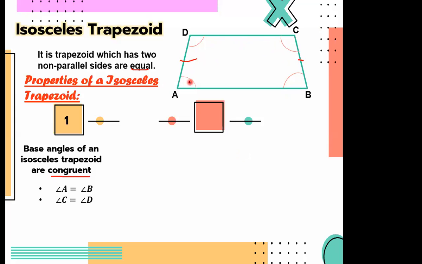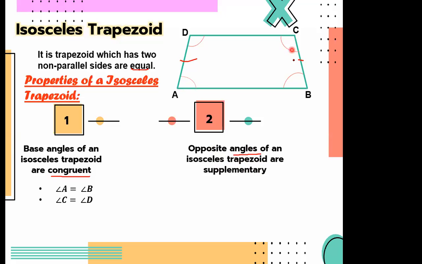Understand? Now the second property is that opposite angles of an isosceles trapezoid are supplementary. Now what are opposite angles? If angle A is given, the opposite angle of A will be angle C. Similarly, the opposite angle of B will be D. So the opposite angles are supplementary in an isosceles trapezoid. Opposite angles are supplementary means the measurement of angle A plus the measurement of angle C will be equal to 180 degrees.